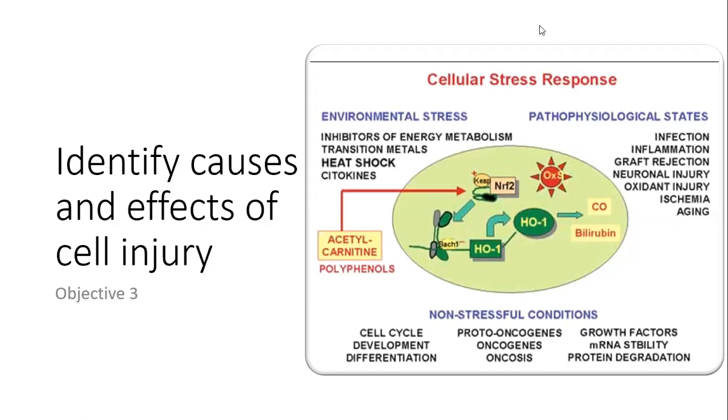There's intrinsic, or within the cell, types of stimuli, and those would be metabolic, degenerative, neoplastic, immune, or nutritional. And then there's external or environmental stresses, which are listed here. And so those are the stressful responses. And down at the bottom, it shows some cell changes that happen in non-stressful conditions.